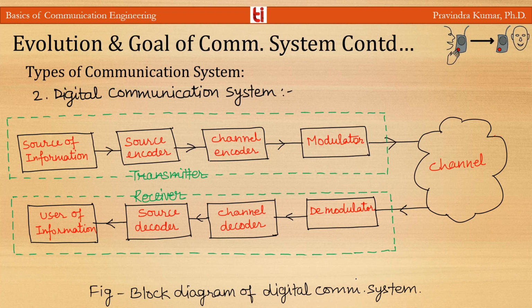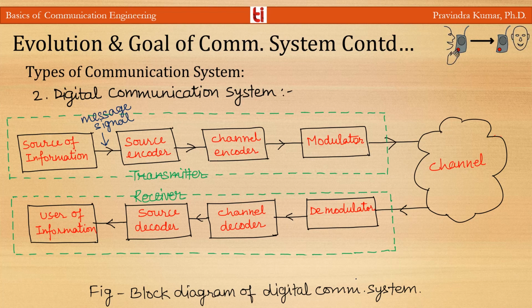The source encoder converts the message signal that is generated at the source output into another signal in digital form. Source encoding is used to reduce or eliminate redundancy for ensuring an efficient representation of the source output.